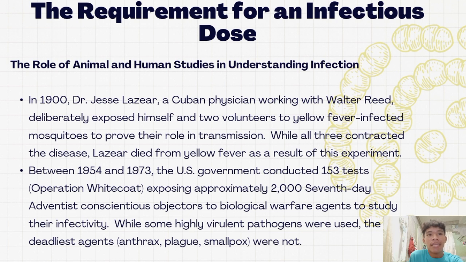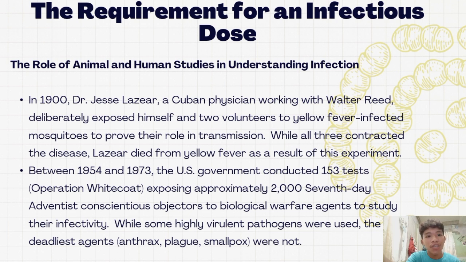For the second bullet, between 1954 and 1973, the US government conducted 153 tests, Operation White Coat, exposing approximately 2,000 Seventh-day Adventists, conscientious objectors, to biological warfare agents to study their infectivity. While some highly virulent pathogens were used, the deadliest agents, anthrax, plague, smallpox, were not.